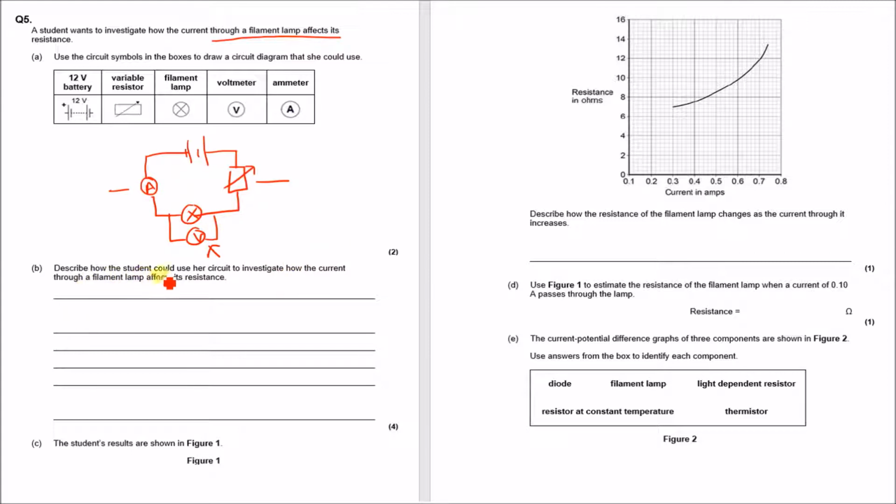So describe how the student could use her circuit to investigate how the current through a filament lamp affects its resistance. Right, so we put the ammeter in series. Ammeter in series measures current.